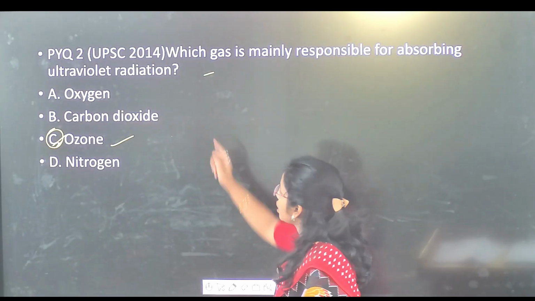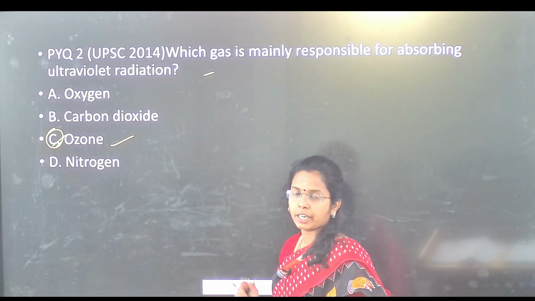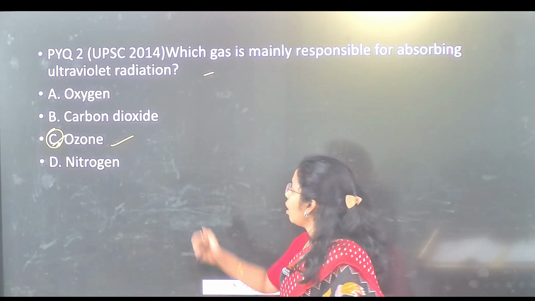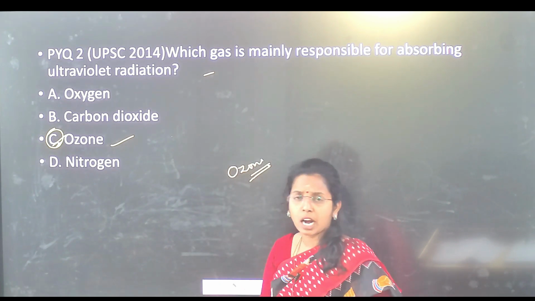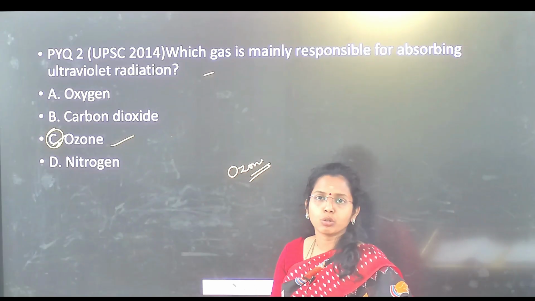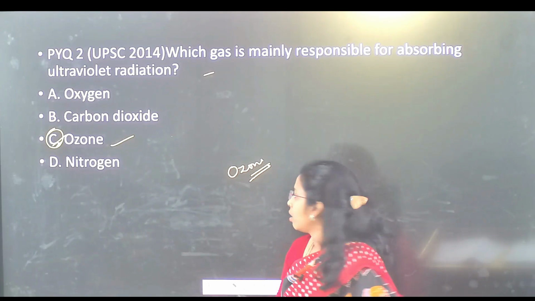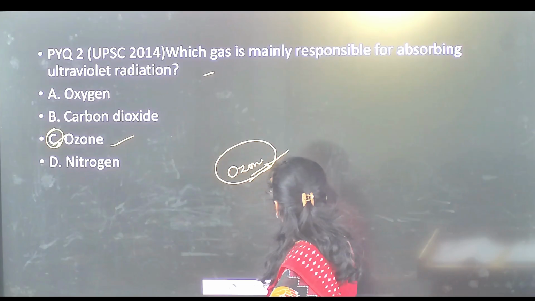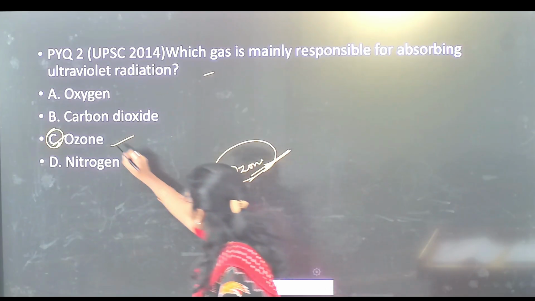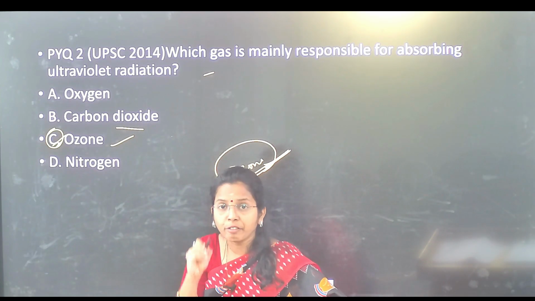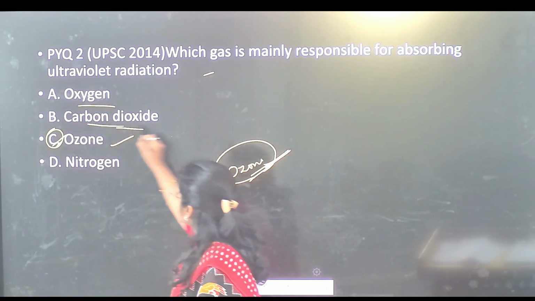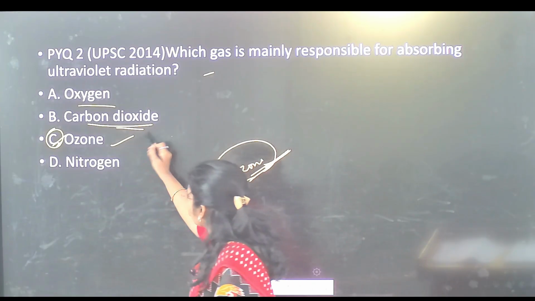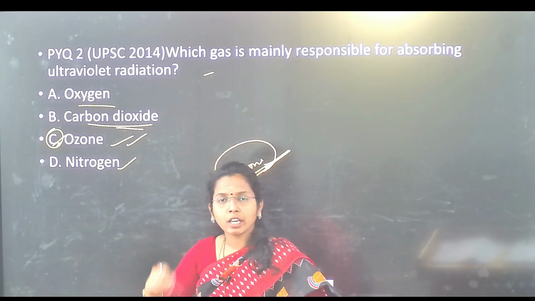Before, in the question, we have seen ultraviolet radiation being absorbed by ozone. Now they can ask about polar stratospheric clouds related to ozone, ozone depletion. Means everything about ozone you have to learn, everything about carbon dioxide, each and every option you have to analyze, like everything about oxygen, carbon dioxide, ozone, and the nitrogen cycle also you can relate.